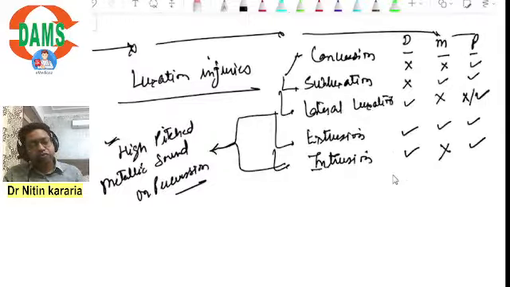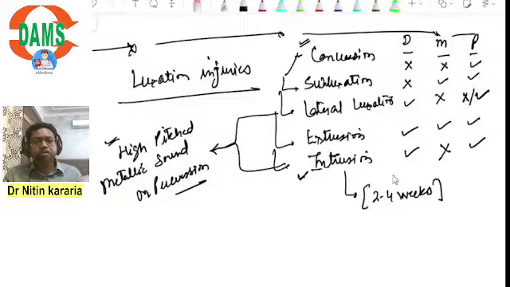Concussion is the least severe and the most favorable form of luxation injury. Intrusion is the most severe form of injury. For intrusion, the splinting time is 2 to 4 weeks, again semi-rigid or flexible splinting.